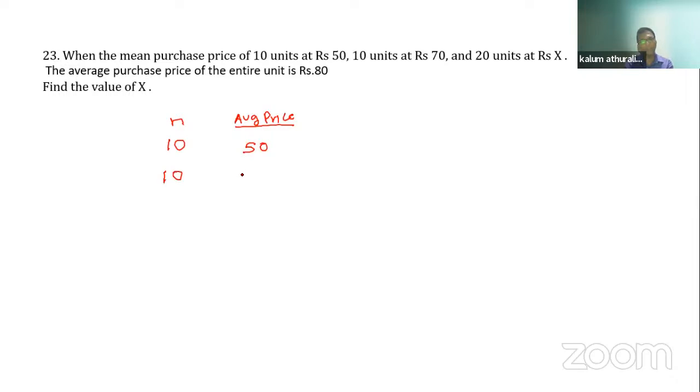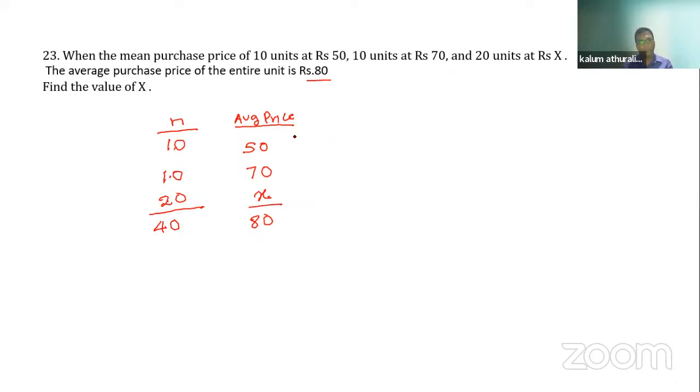Another 10 is 70. Another 20 is X. How many data in all? 10, 10 and 20, so 40. Average of all units is 80. Find the value of X.